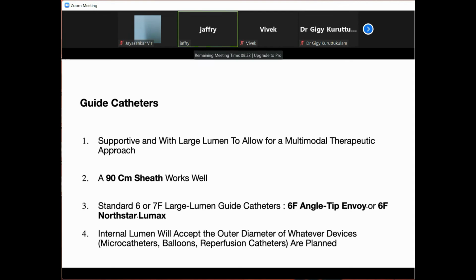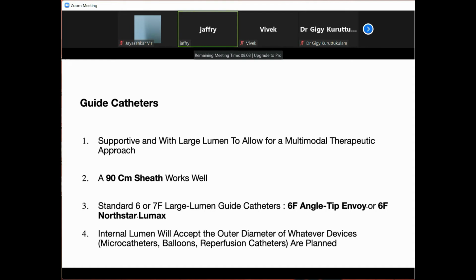For guide catheters, as I told previously, it is always better to have a large lumen guide catheter to consider a multimodal therapeutic approach. For example, once we go for a procedure, it may be thrombolysis, then balloon assisted thrombolysis, and then thrombectomy.